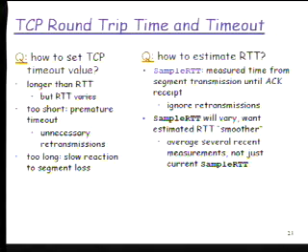So first, to set this timeout value, it has to be related to the round trip time. And how do you get an estimate of the round trip time? Well, you measure the time between sending a segment and receiving the acknowledgement. So you can timestamp when you send out a packet, and when you receive the acknowledgement for that packet, that gives you an estimate of the round trip time.